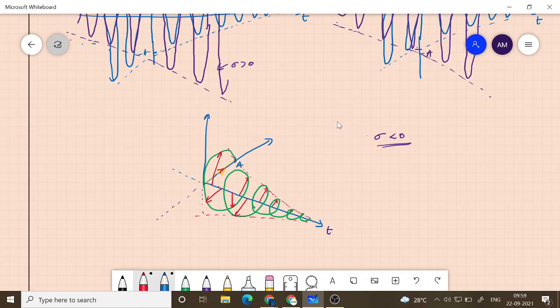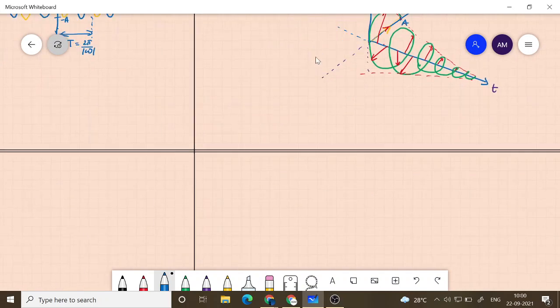That's what it means. So this is the 3D plot. You have the real part of x of t here and the imaginary part of x of t here. So this is the second class of signal, the exponential signal, which is very important for our class.